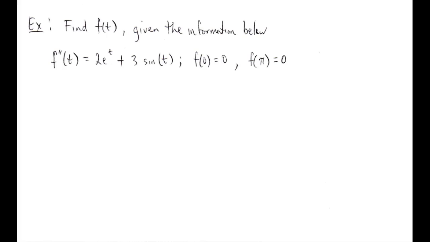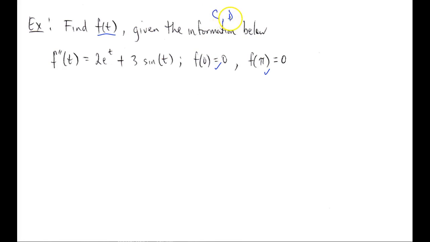So for here we have an example where we need to find out what f of t is, but we're given some initial conditions. If you notice here, since we have the second derivative, we know that when we find our original function, we're going to have 2 constants. Since we have 2 constants, we'll call them c and d here.